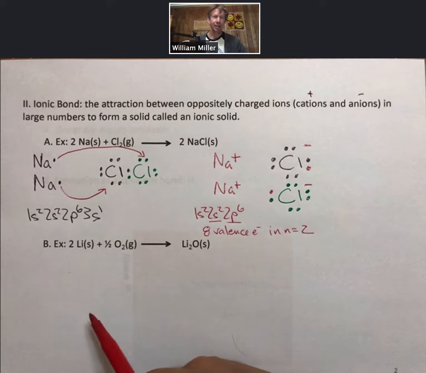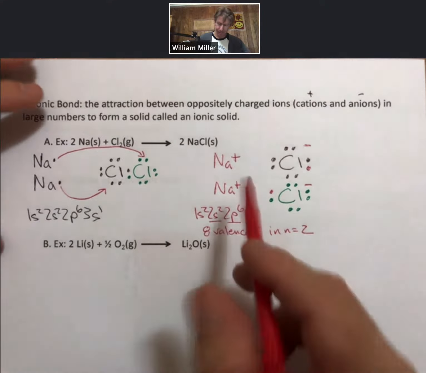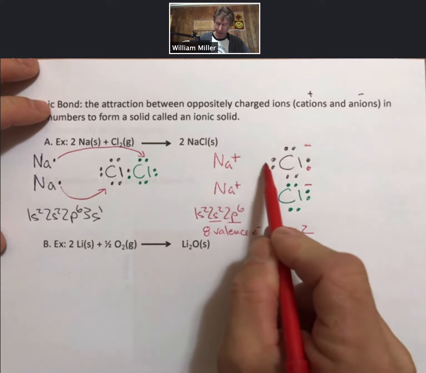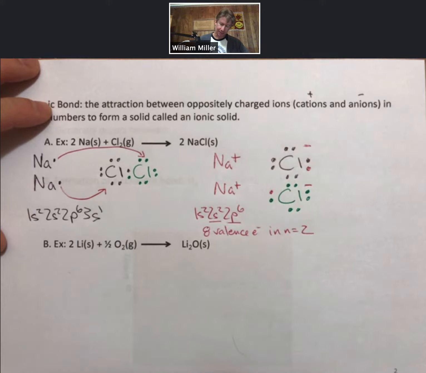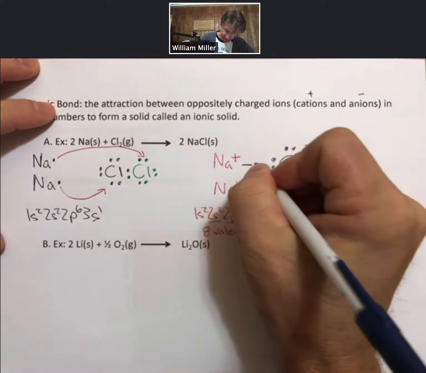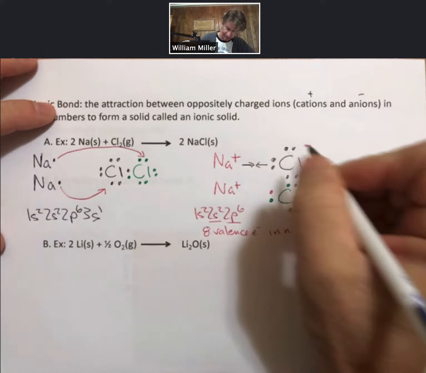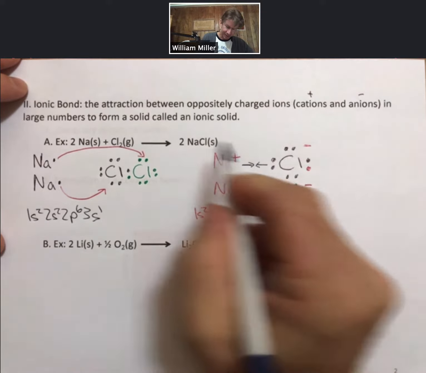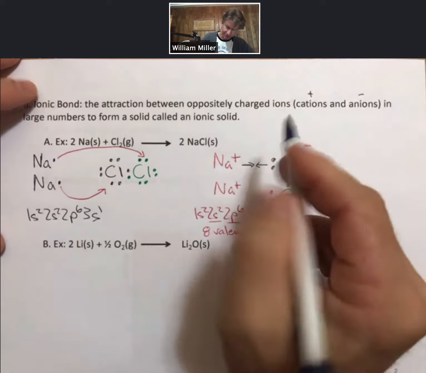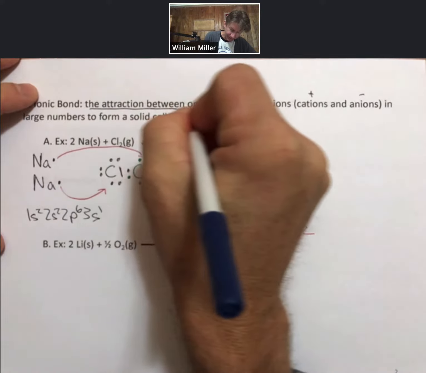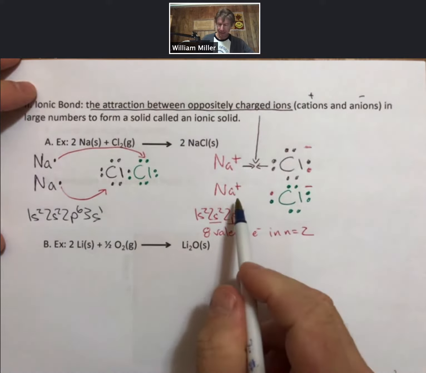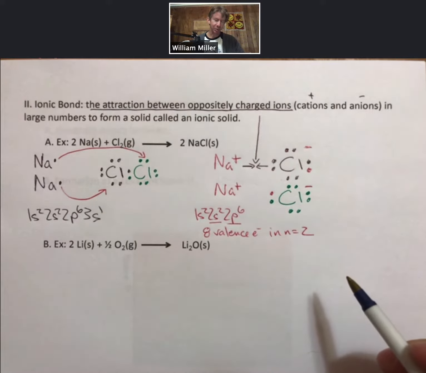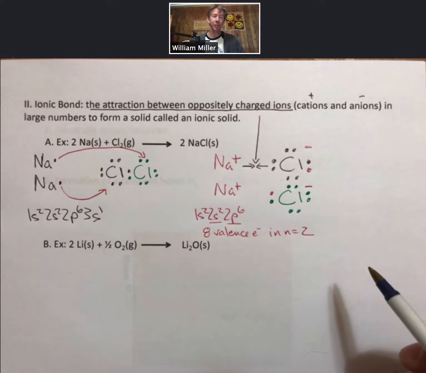This ionic bond will now form, because the ionic bond is the attraction between a positive and a negative ion. We've talked about this before, but we might as well draw it again. The ionic bond is the attraction between the oppositely charged ions, in large numbers, and that's why we call the ionic solids formula units.